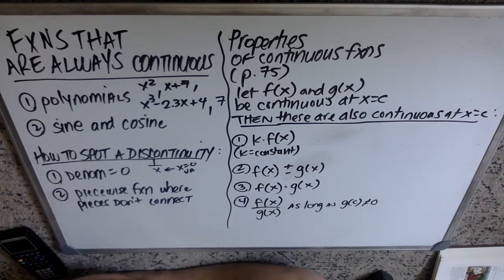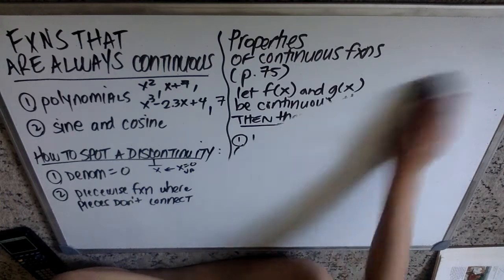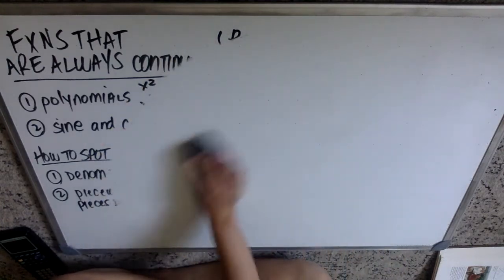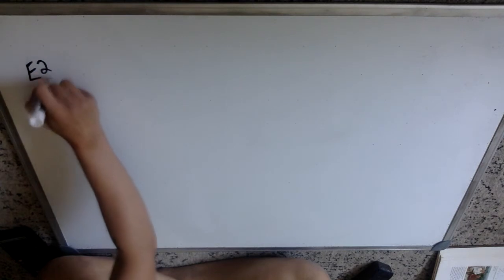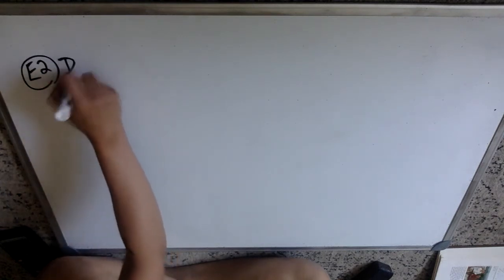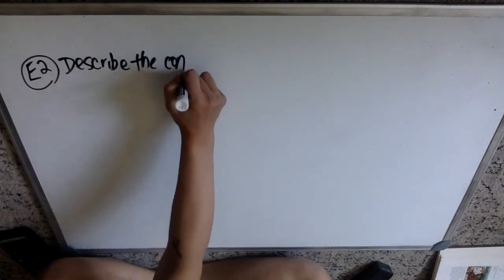So let's walk through. All right. So when we talk about piecewise functions, and I say that they are not continuous if they don't connect, let me show you what I mean by that. So this will be our example 2, technically in this section, okay? So we're going to describe the continuity the same way that we've been doing, okay?